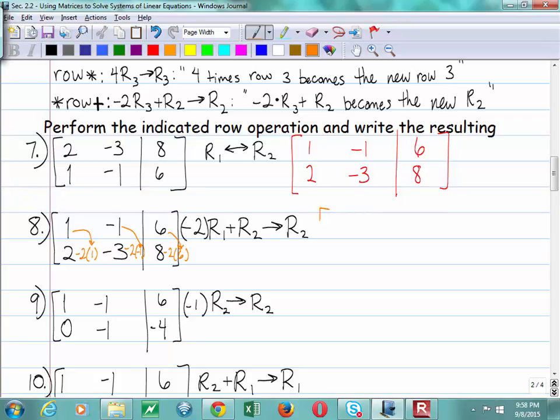The first row is going to actually stay the same in this case. And the second row is going to be 0. So that'd be -3 plus 2, so that's -1. And then 8 minus 12 is -4.